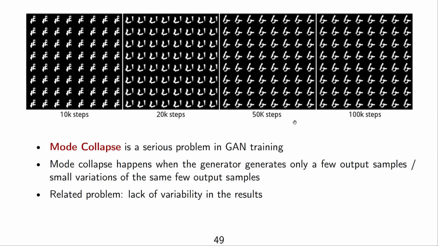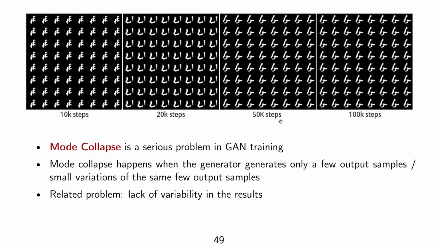After 50K and 100K steps, again, another output image. So there are two things we note here about mode collapse. One is that mode collapse is a serious problem in GAN training, and also that during training, this mode collapse can shift.